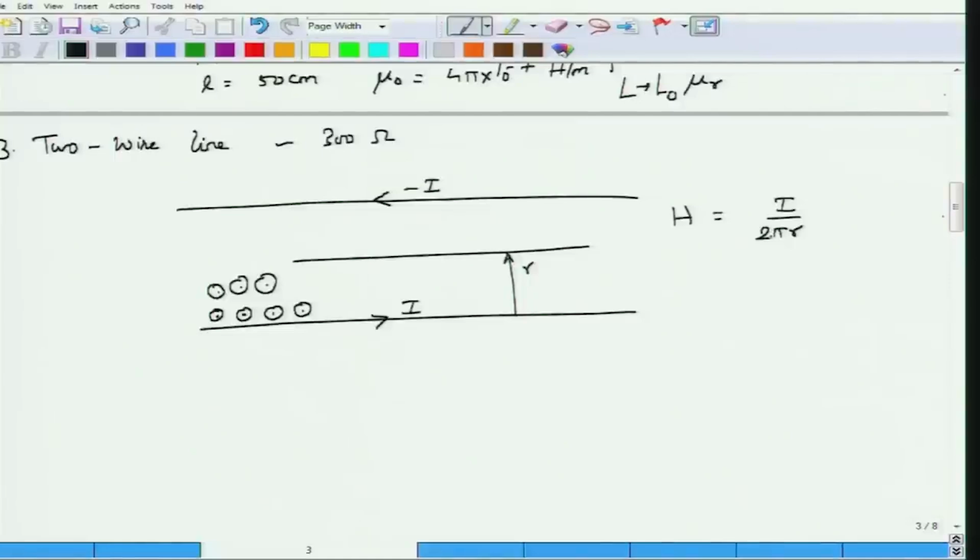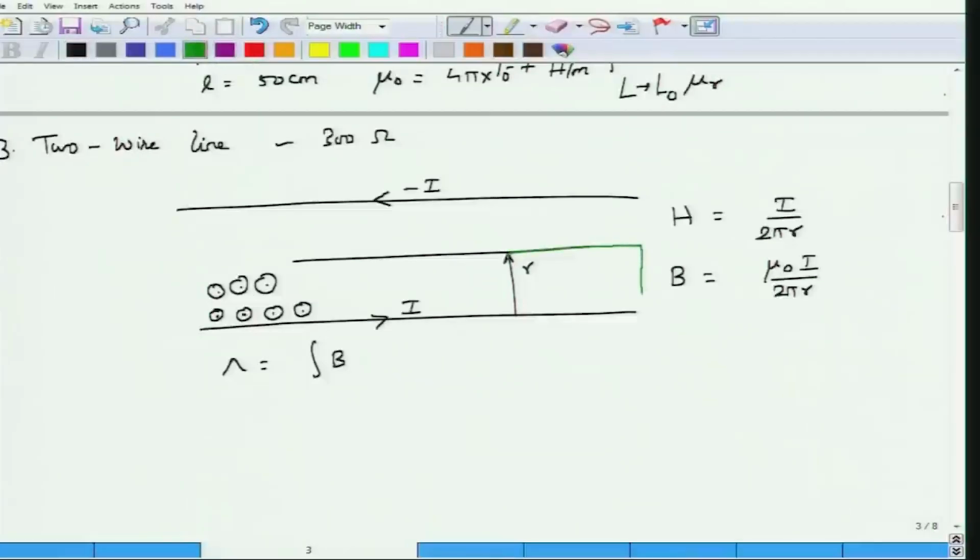So the magnetic field is I by 2 pi r, and I can find out the B field. B is mu 0 I by 2 pi r, assuming that the two-wire line is kept in air. The magnetic flux will be the integral of B along this radial direction. I need to again consider the similar thing.